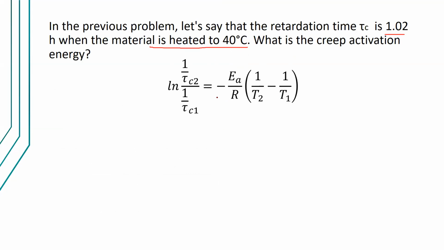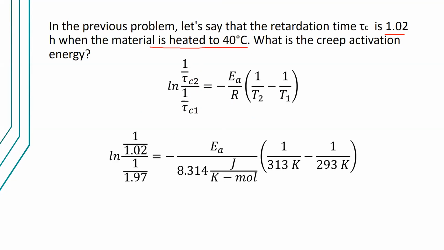We are going to use the Arrhenius law here. Remember from the Arrhenius equation, if you know the retardation time at a given temperature, you'll be able to get the second retardation time at the second given temperature. So we just have to plug in the values here.